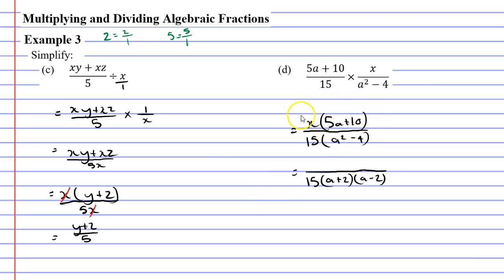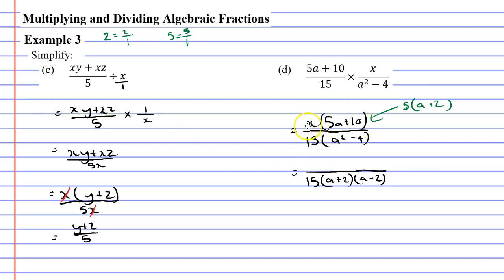Can we factorize something on the numerator? Well, yes. For my 5a plus 10, I can factor out a 5. Now, I'm just going to do this in green just for now. I would factorize it as 5 bracket a plus 2. Because 5 times a is 5a and 5 times 2 is 10.